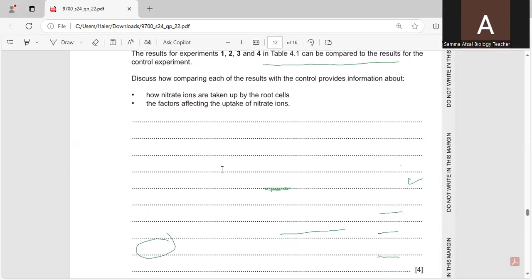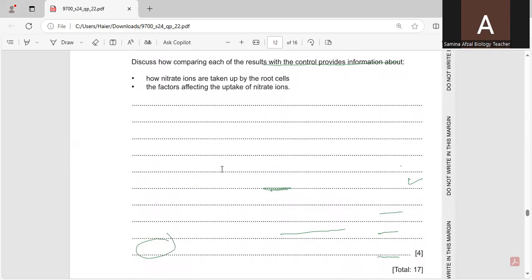First of all, the results shown can be compared: discuss how comparing each of these results with the control provides information about how nitrate ions are taken up by the root cells and the factors affecting the uptake of nitrate ions. You can see in all 5 experiments, the 4 modified experiments and the control experiment, they all show different rates of uptake of nitrate ions.